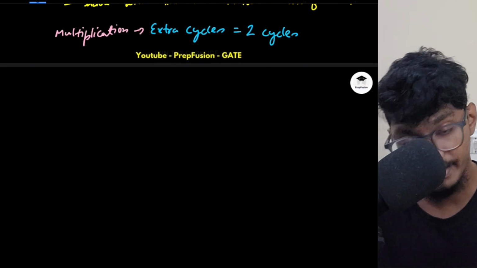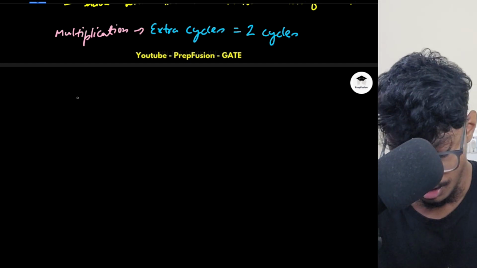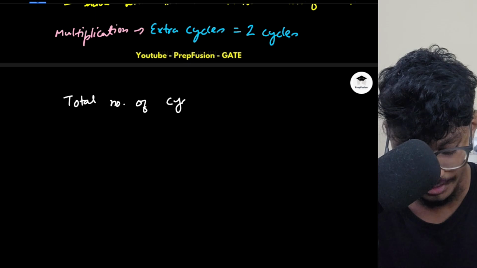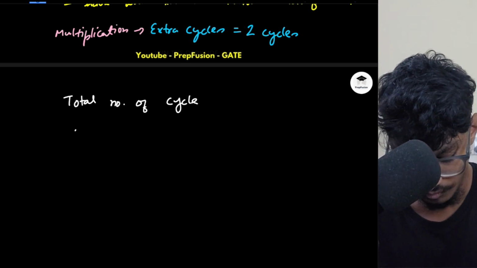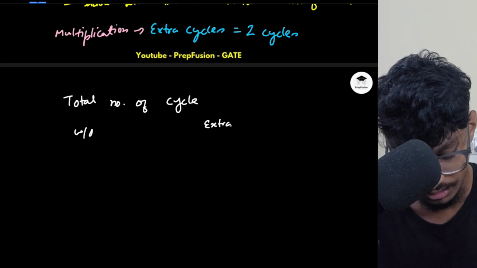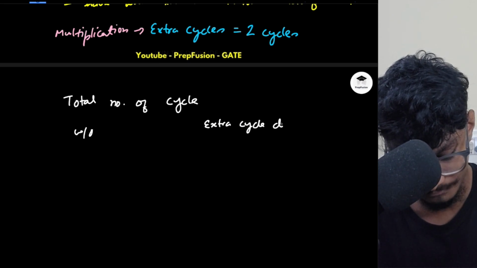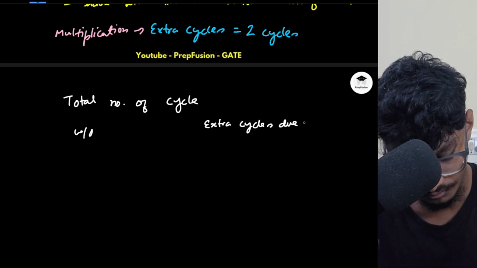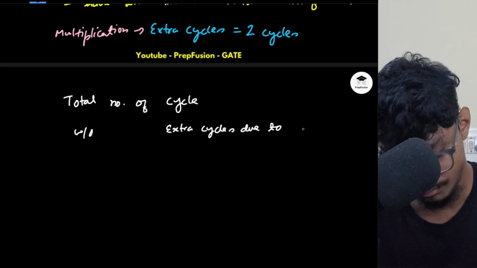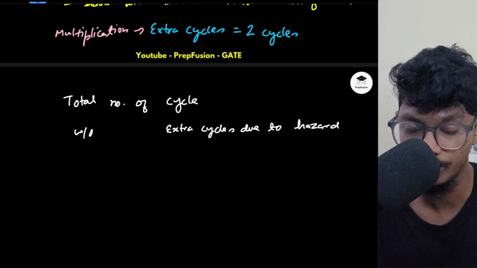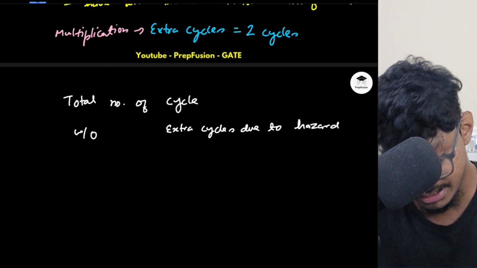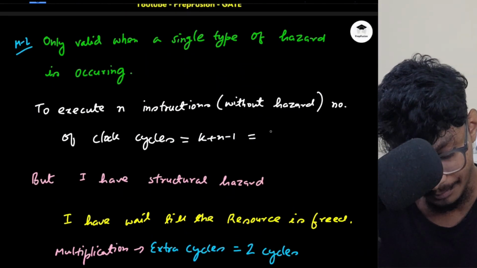So what will be my total number of cycles to execute the program? It will be the cycles without hazard plus the extra cycles due to hazard. Obviously every time you won't be able to draw the table. This is how you calculate. Without hazard it is k plus n minus 1.